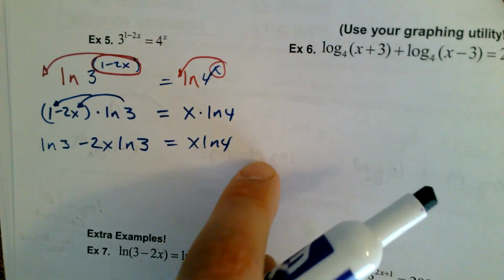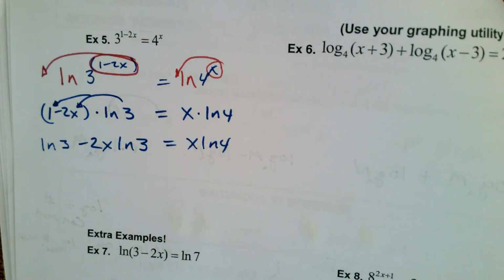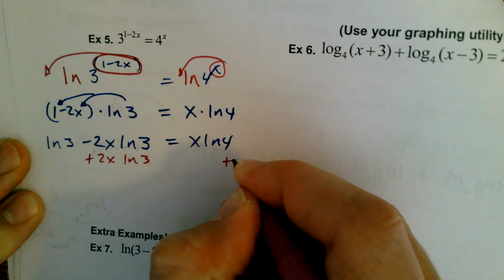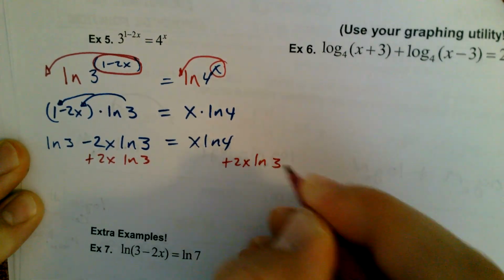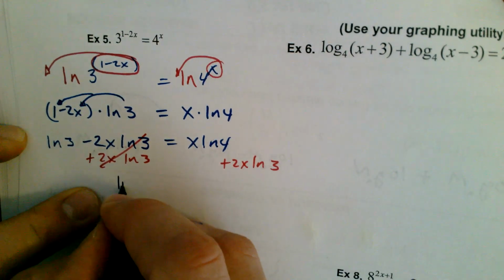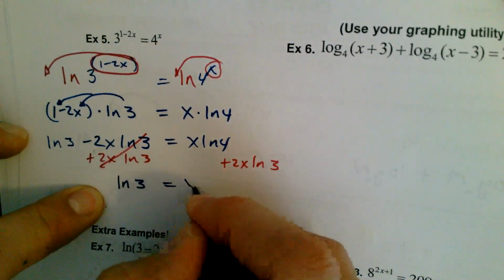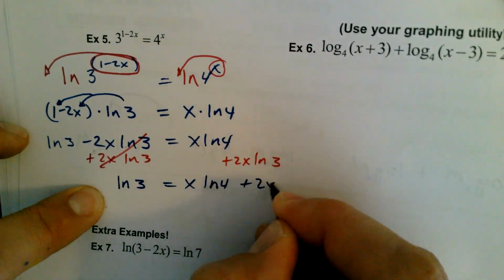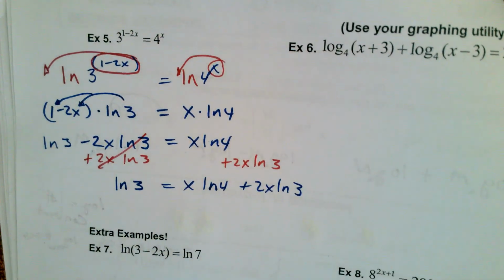We want to get our x's on the same side. So I want to add this guy over. And what I have now is the natural log of 3 equals x natural log of 4 plus 2x natural log of 3.